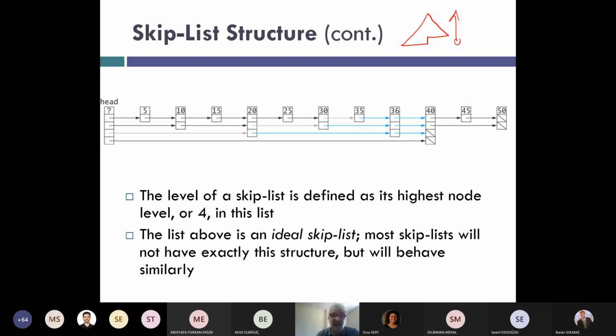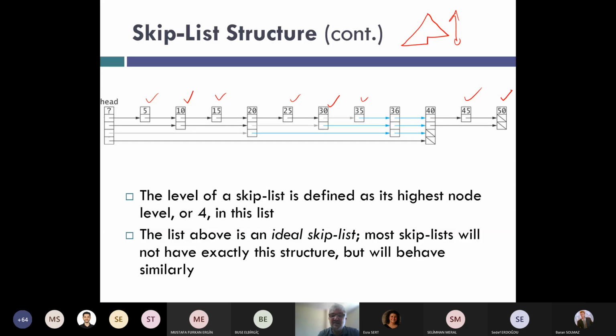Because every next element is level 1 among the non-level-1 nodes, every next is level 2.